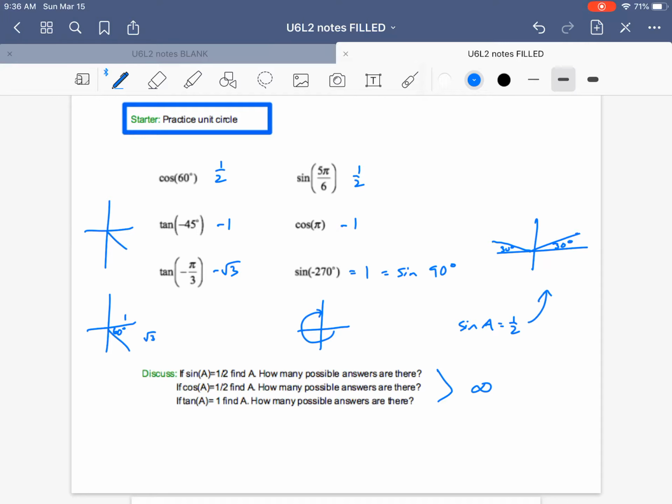All right, so 30 is one answer. However, if I rotate one time around and I'm at 390, that's also an answer. So for this, we could say, well, you got 30 degrees, you got 390 degrees, and you could go forever in positive or negative direction. So tricky, but easy answer, and that's something that we'll get into more next unit.